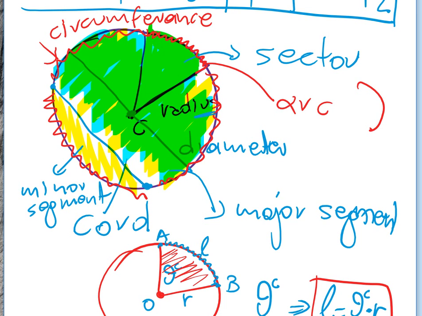So if we're going to find the length in degrees, the length equals theta in degrees divided by 360 degrees times the formula that gives me the circumference of the circle.